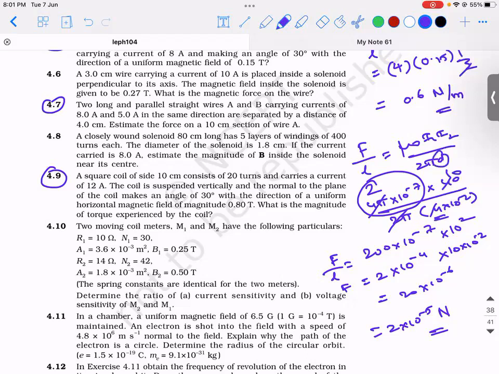Distance. They gave the distance between the wires as 4 centimeters. You understand? So both the wires are separated by a distance of 4 centimeters.